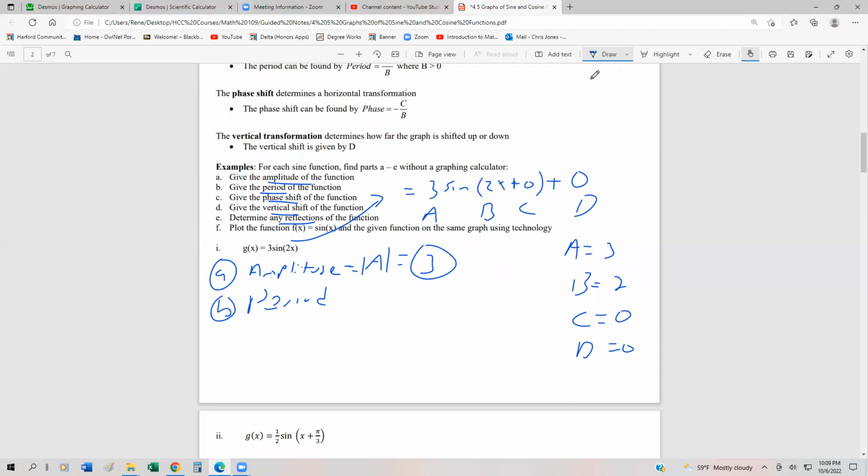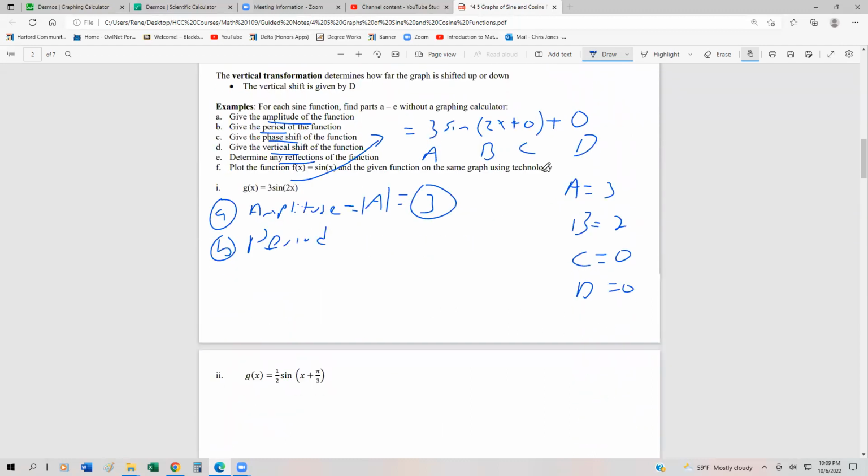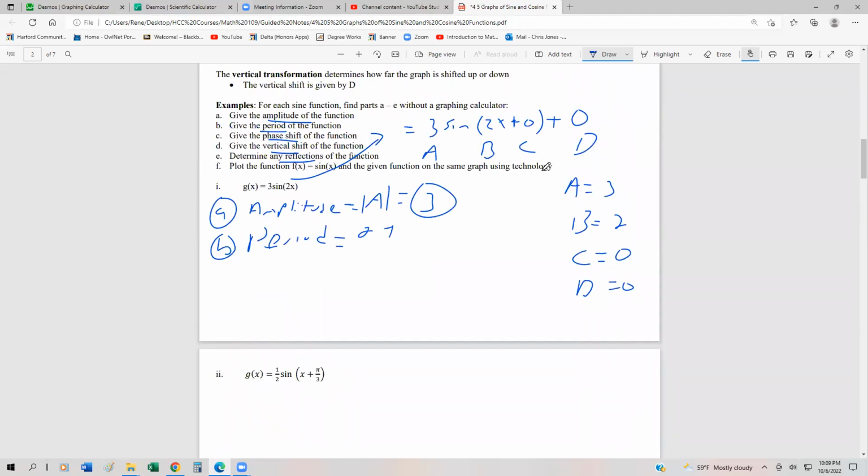The formula for period is 2 pi over B. That's going to be 2 pi over 2, or pi. What that means is that this function is going to go through its period a little bit quicker, in fact, twice as fast.